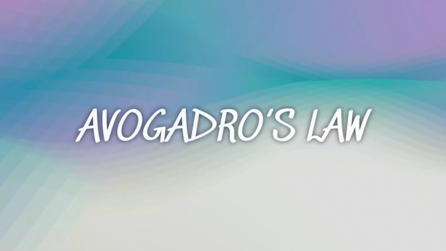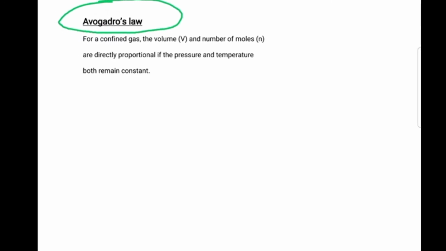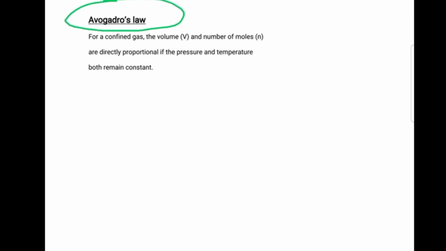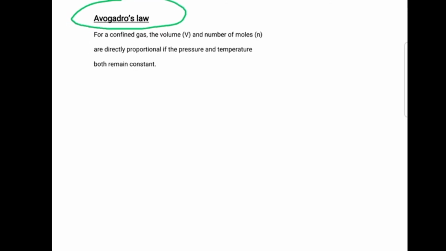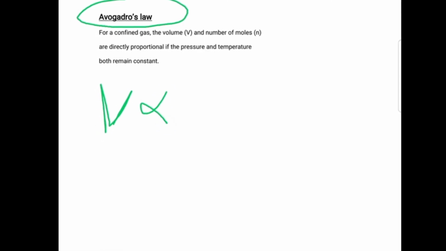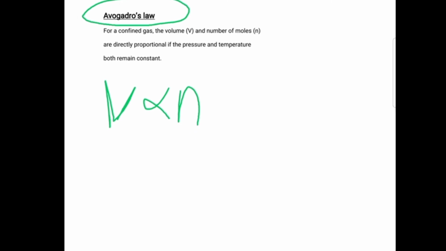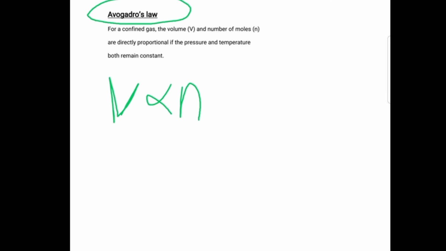Now let's discuss Avogadro's law. For a confined gas, the volume and the number of moles are directly proportional. So V is directly proportional to the number of moles, if the pressure and the temperature both remain constant.